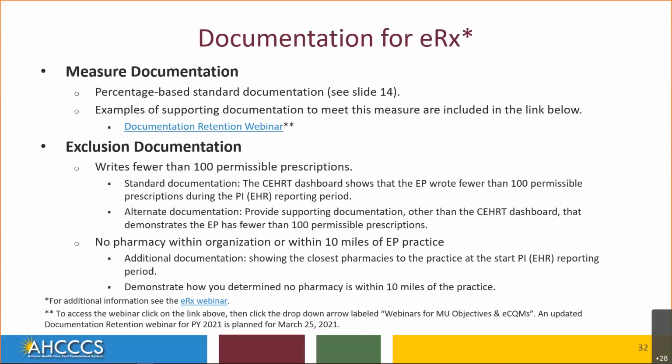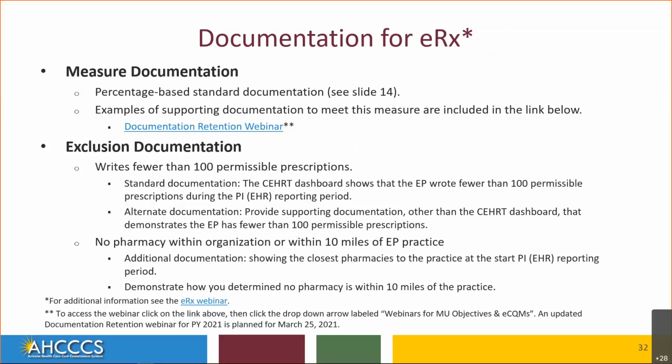So if the EP's first exclusion is writes fewer than 100 permissible prescriptions, the provider would need to submit the standard documentation, which would be the CERT dashboard showing that the EP wrote fewer than 100 permissible prescriptions during the reporting period. However, there is alternate documentation. The provider can submit documentation other than the CERT dashboard that demonstrates the EP has fewer than 100 permissible prescriptions.